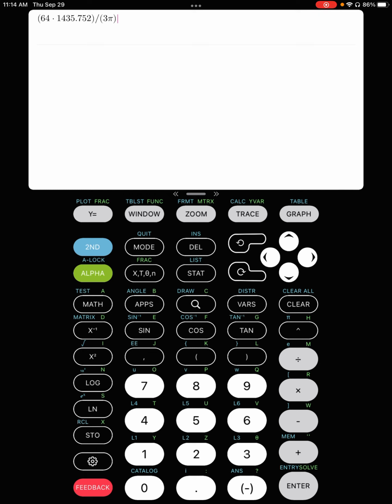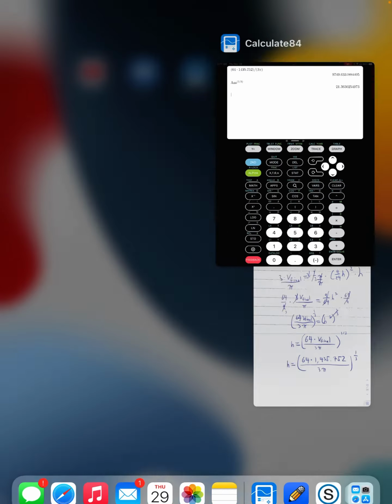We do our multiplication in the top and divide by 3 pi. Remember those parentheses, because the order matters. You hit enter, and then hit the caret symbol, left parenthesis 1 divided by 3, raising all that to the 1/3. We get 21.363 inches.